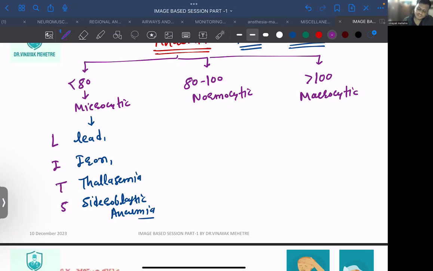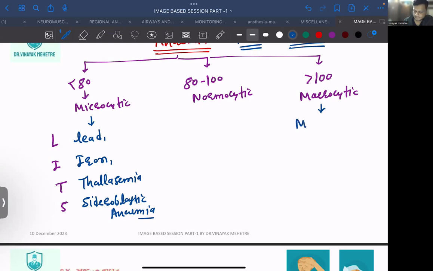Then comes macrocytic anemia. Which one are the macrocytic? Any examples? Which drug causes macrocytic anemia? Favorite drug?